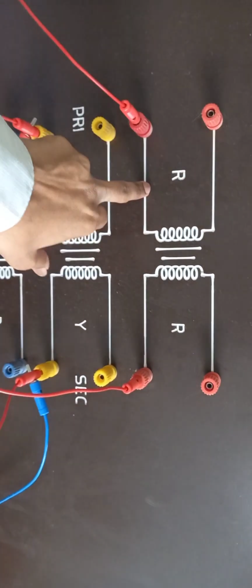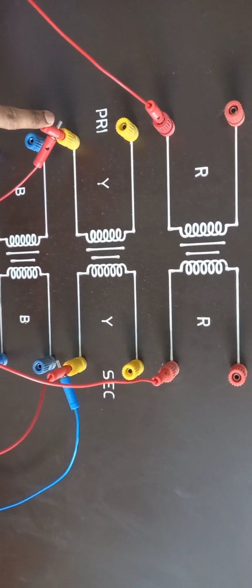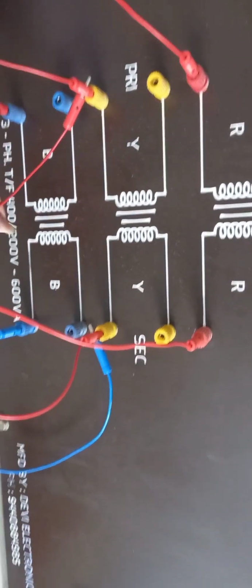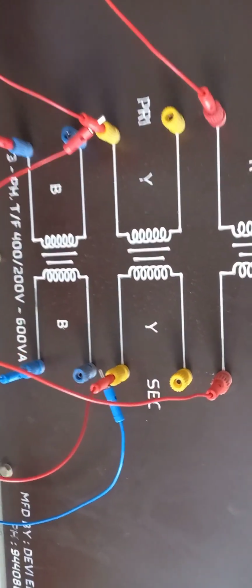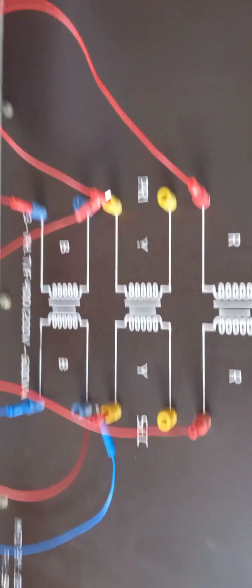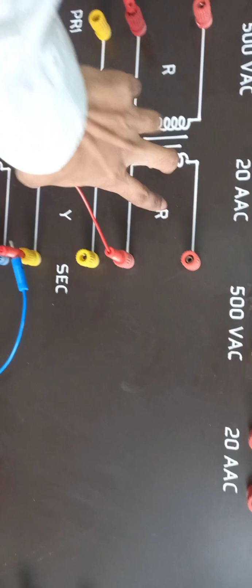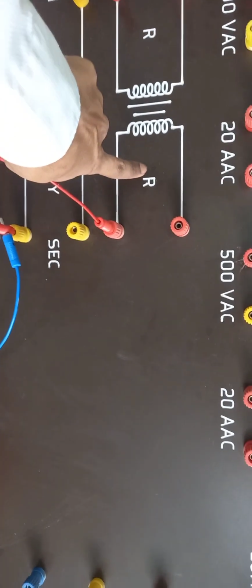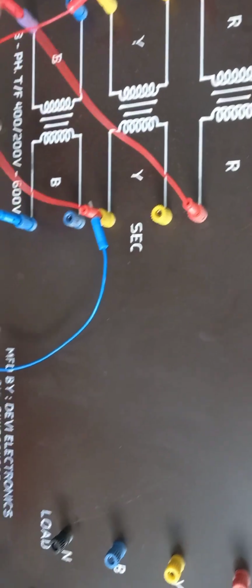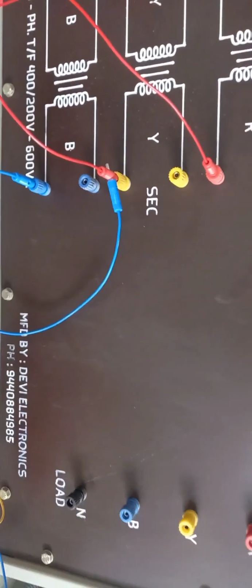All the phases' second terminals are connected: the first phase's second terminal to the second phase's second terminal, and the second phase's second terminal to the third phase's second terminal. This is just like a star connection. Same here at the load end also, I have connected R phase, Y phase and B phase. Each phase's second terminal is connected to the next phase's second terminal. Then the star connection is over.